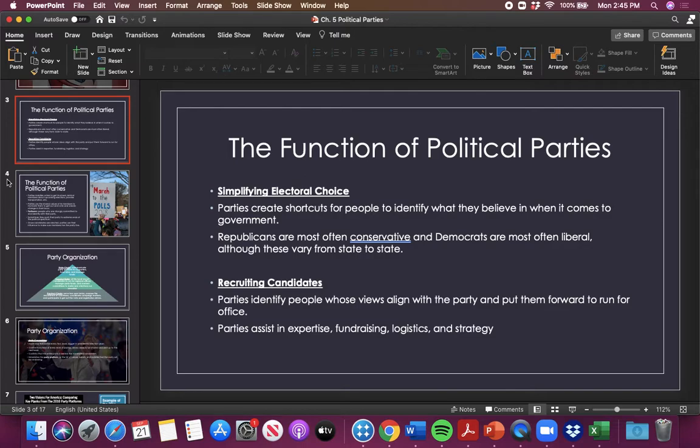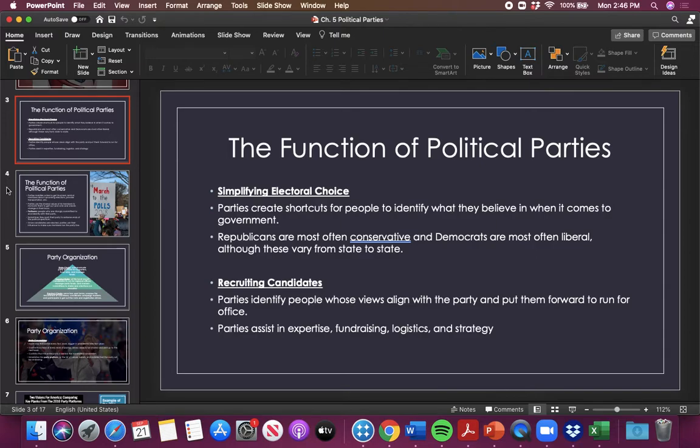Whereas your Democrats in California may be anti-gun, want to ban certain types of guns and things like that. Democrats in Texas may not have as much desire to do that because Texas is a little bit different with its culture. So just because someone identifies with a party, how they identify with that party can vary from place to place.